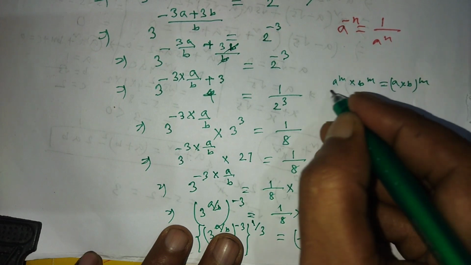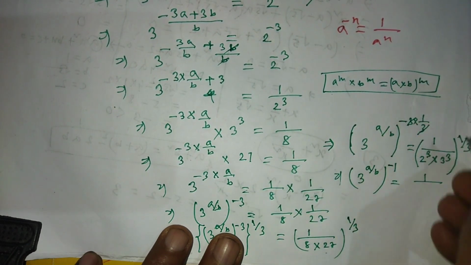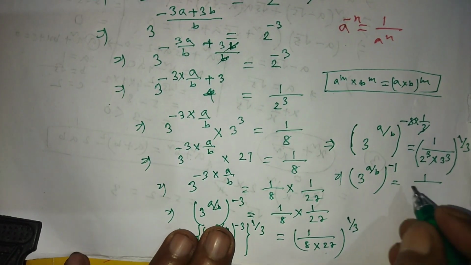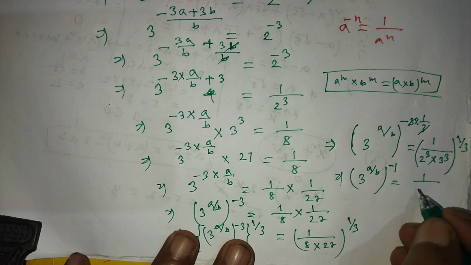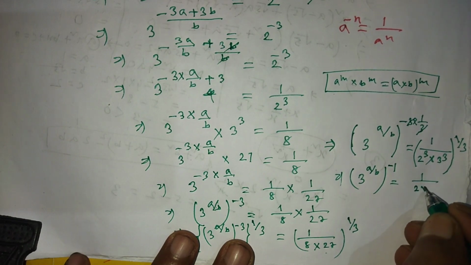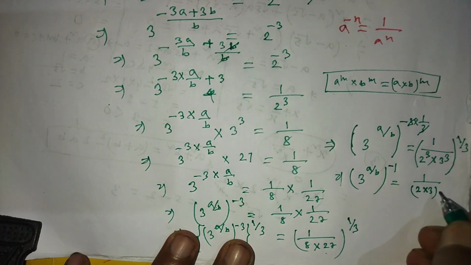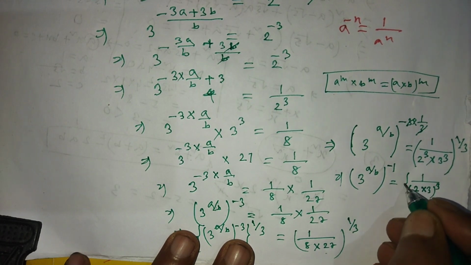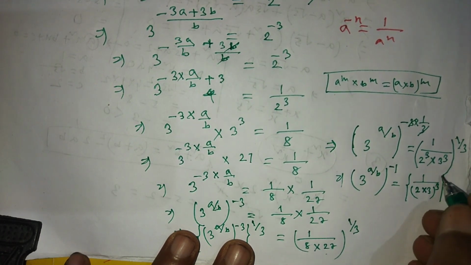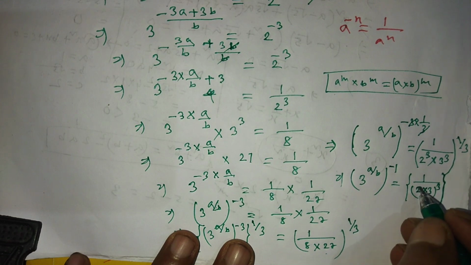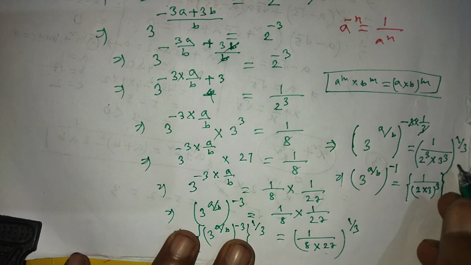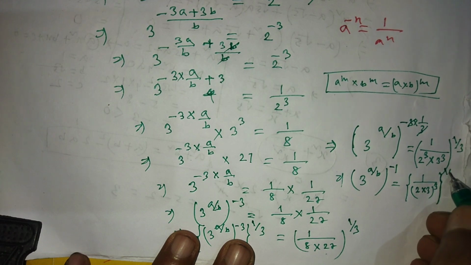So this is our formula, and we apply it on the right hand side. Then we can write 2 into 3 whole to the power 3, and after that the second bracket, and outside the bracket in the place of power we write 1 by 3.